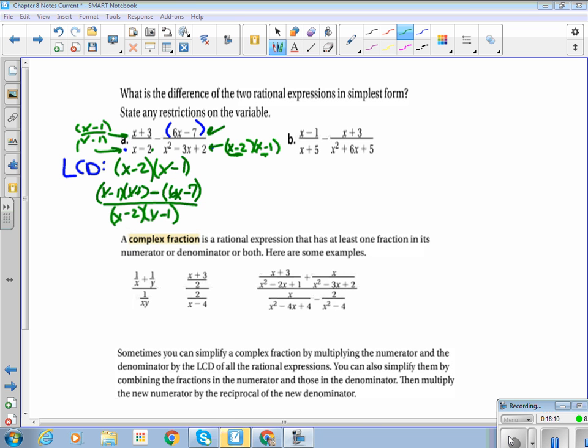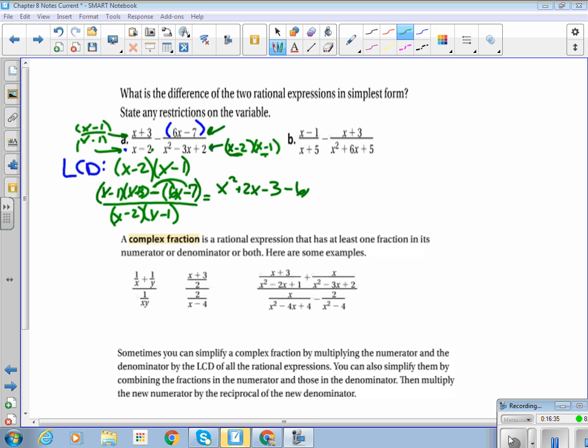Now I have some cleaning up to do. I'm going to go ahead and multiply x minus 1 and x plus 3. And that's going to be x squared minus 1x plus 3 plus 2x minus 3. And then I'm going to distribute out the negative.